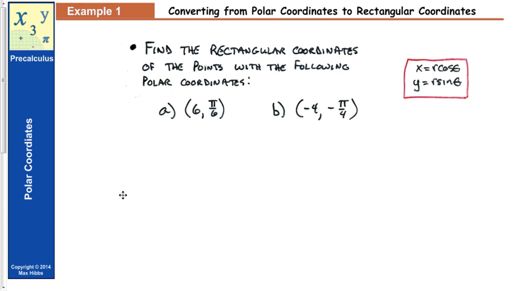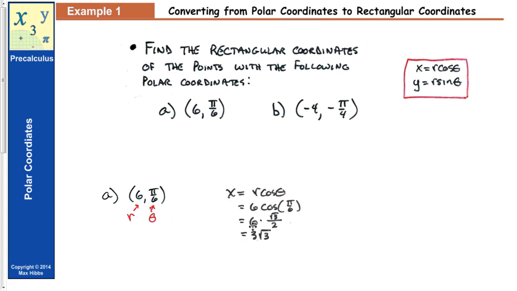So let's begin with this first one. Let's remember that the 6 is the r value and the pi over 6 is the theta value. To calculate x, I just put my r value in for r and my theta value in for theta, of course. And so I've shown that here. X is r times cosine theta. R is 6. Theta is pi over 6.